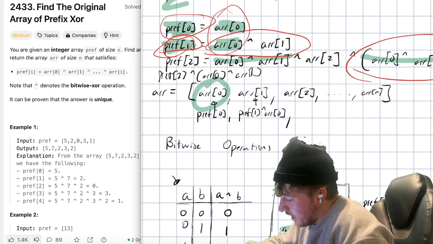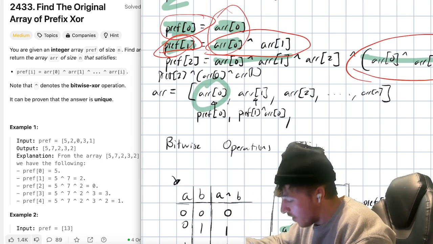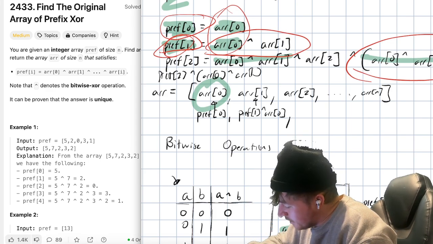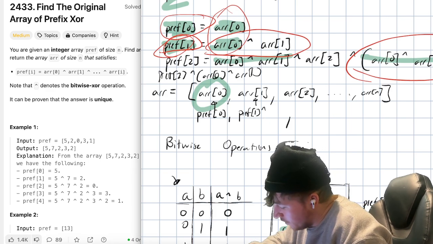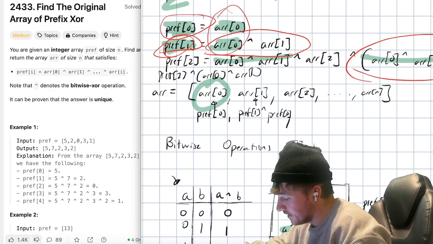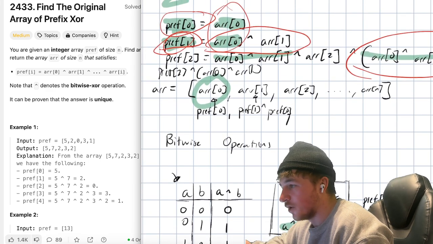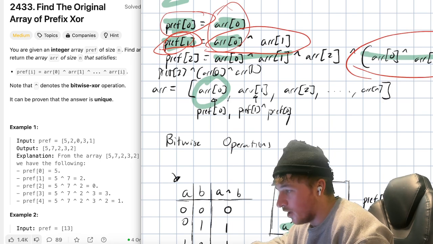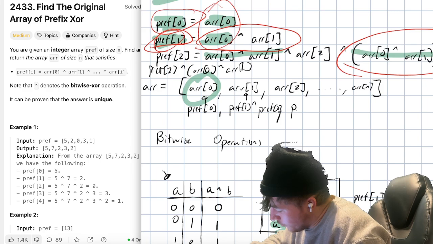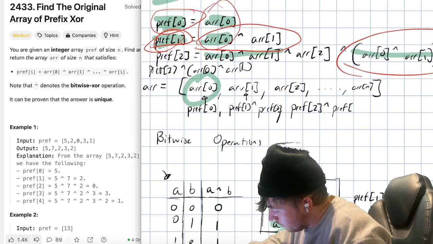So if you need to pause here and walk back what I'm doing, what I just said is basically, this is an array 0 here. This is simply put pref 0. And of course, the next one is pref 2 XOR array 0, array 1, but that's equivalent to pref 2 XOR pref 1.